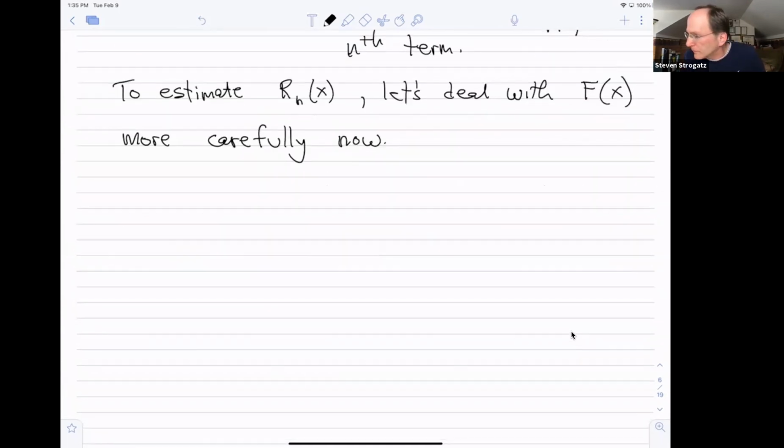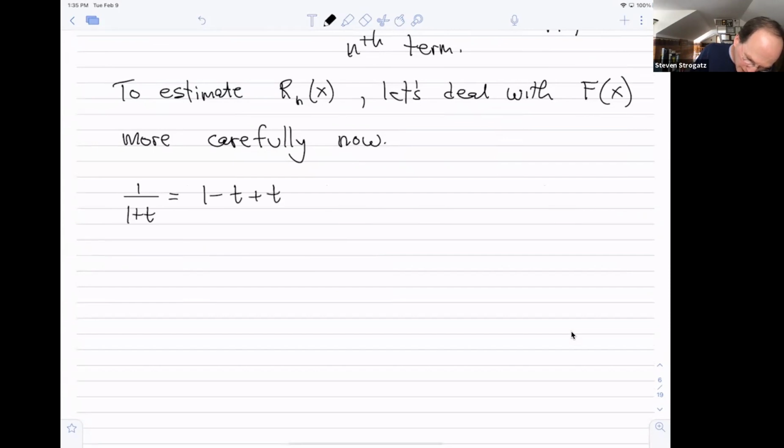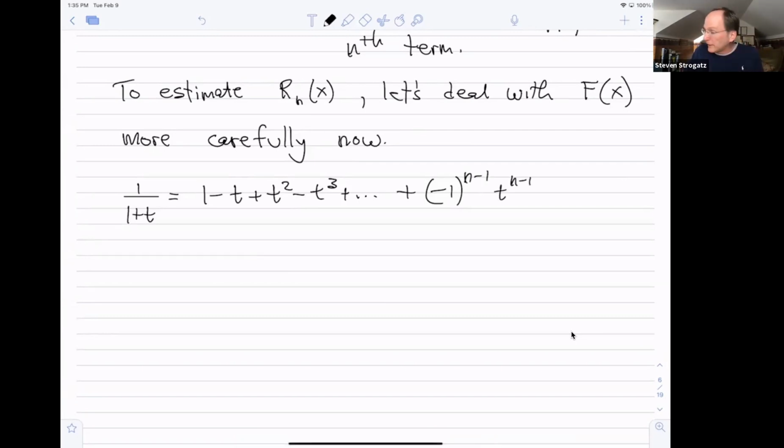In other words, let's write 1 over 1 plus t as 1 minus t plus t squared minus t cubed plus dot, dot, dot, and then out to a term which is plus or minus 1 to the n minus 1, t to the n minus 1.